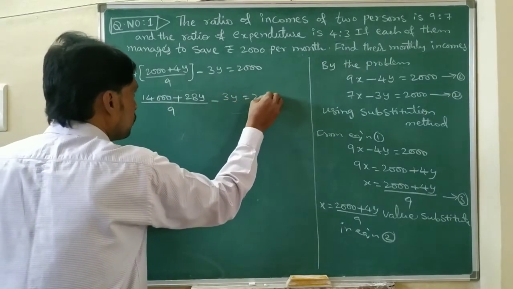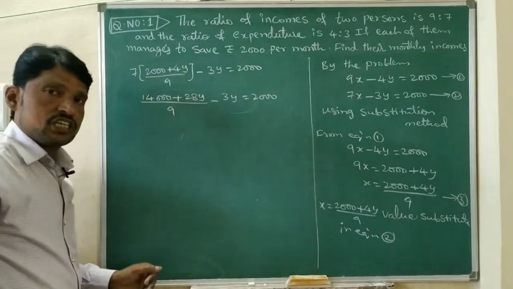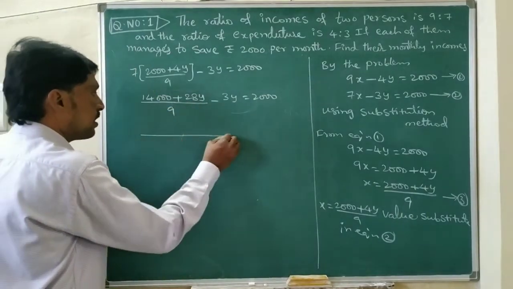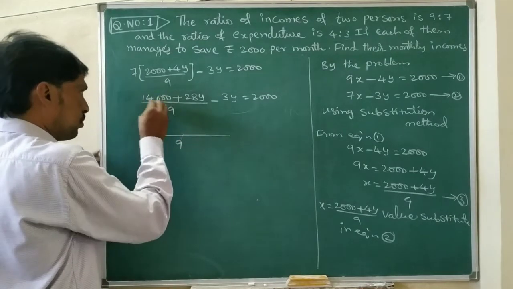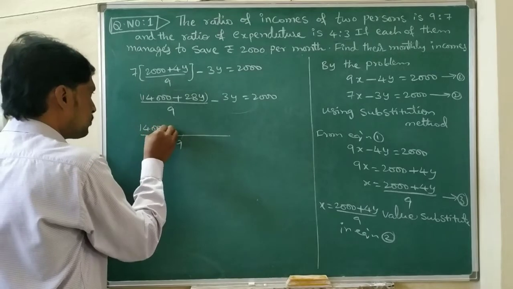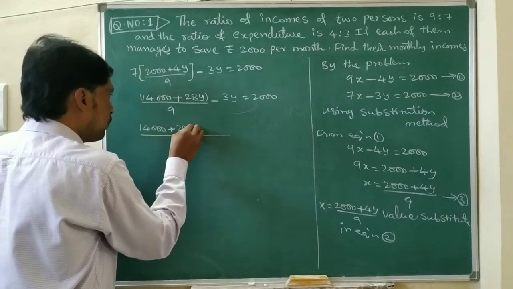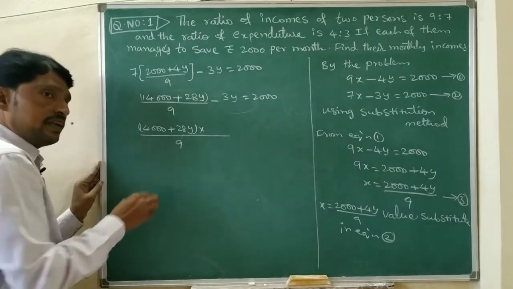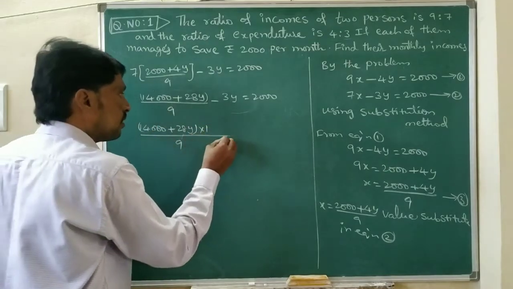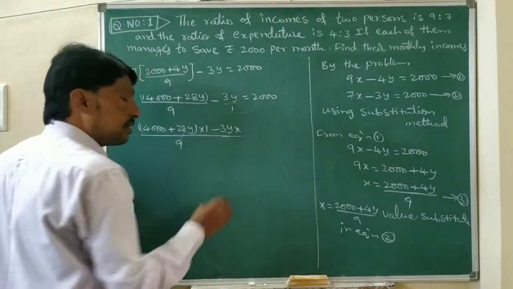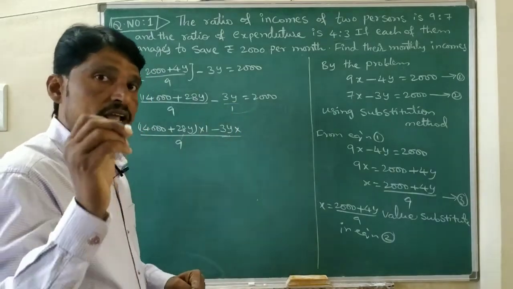equal to 2000. So here it is in fraction mode. Fraction mode means we need to take the LCM. So the LCM we are getting is 9. So 14,000 plus 28y in the numerator as it is. 9 times when we take this LCM 9, 14,000 minus 3y, in the denominator nothing means we need to take 1.